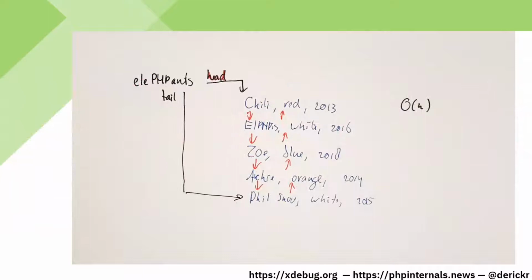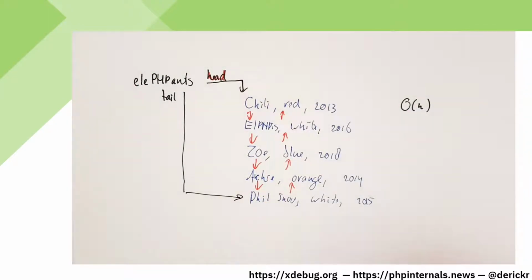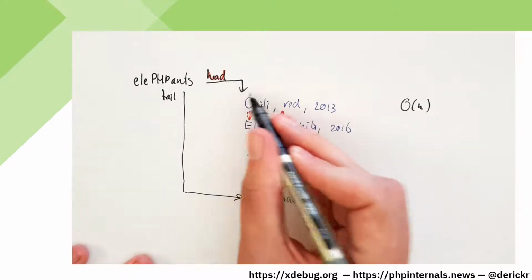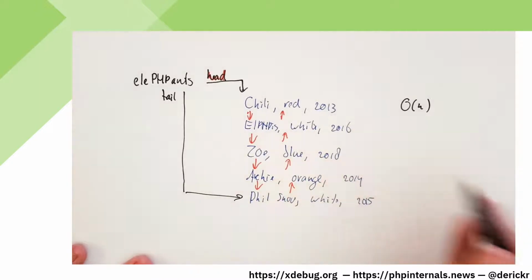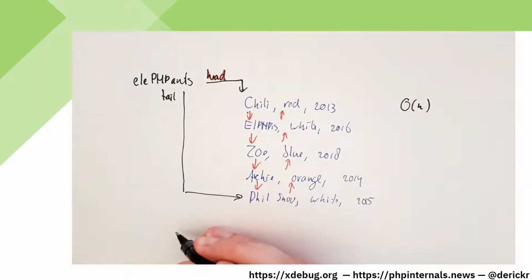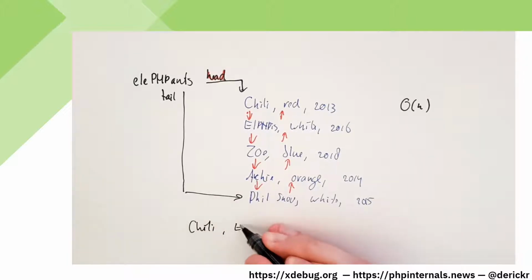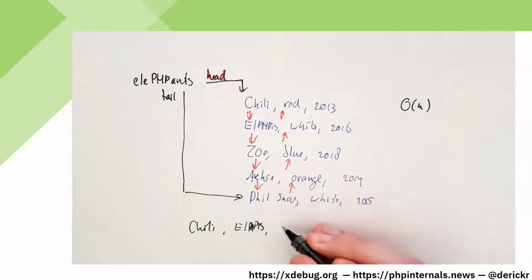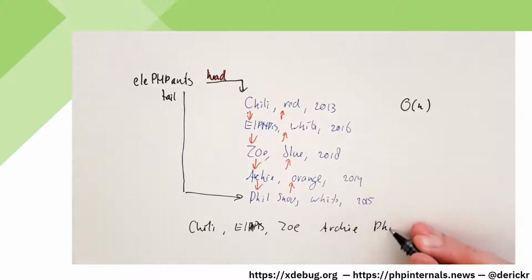Another way you can picture how this list looks is as follows, right? Instead of having 1 to 5 here, with links in between them, you can also just see this as an array, where we have Chili, Elvis, I really can't write today, Zoe, Archie, and Phil.